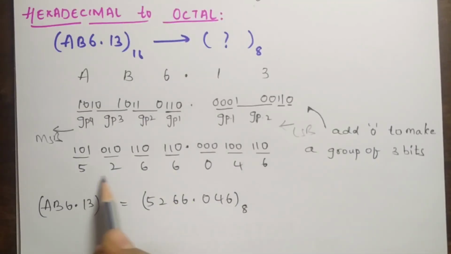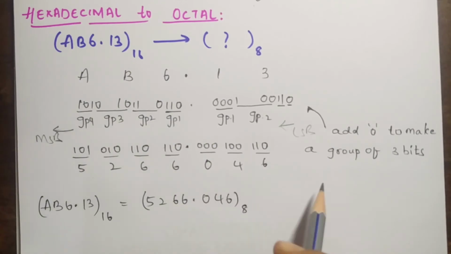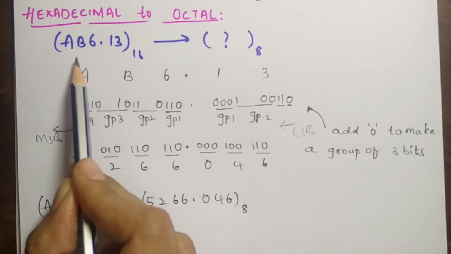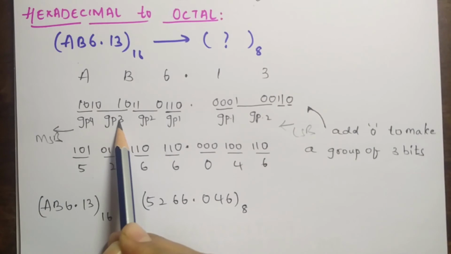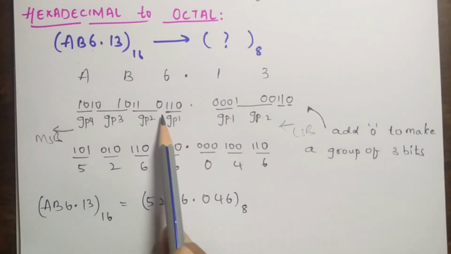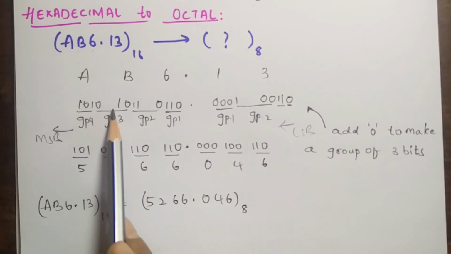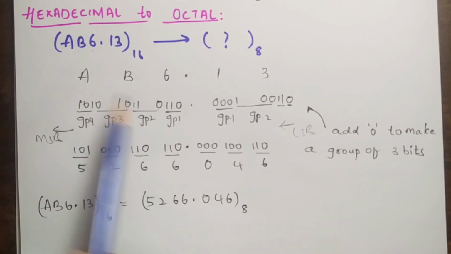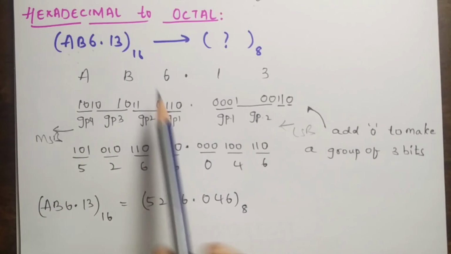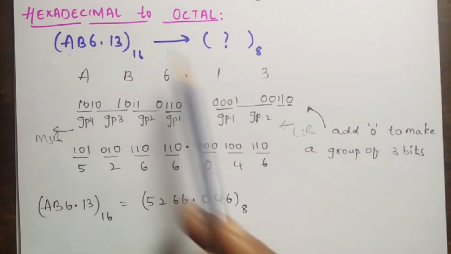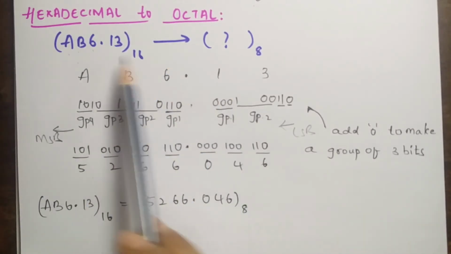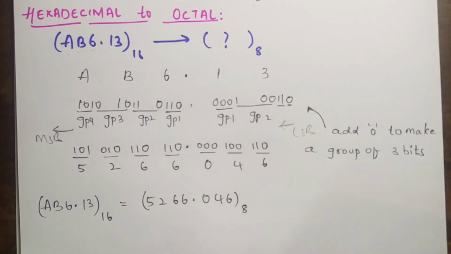I got the value 5266.046. Just convert the hexadecimal number into its binary form: 6 is equivalent to 0110, B is equivalent to 1011, A is equivalent to 1010. Point, 1 is equivalent to 0001, 3 is equivalent to 0011.